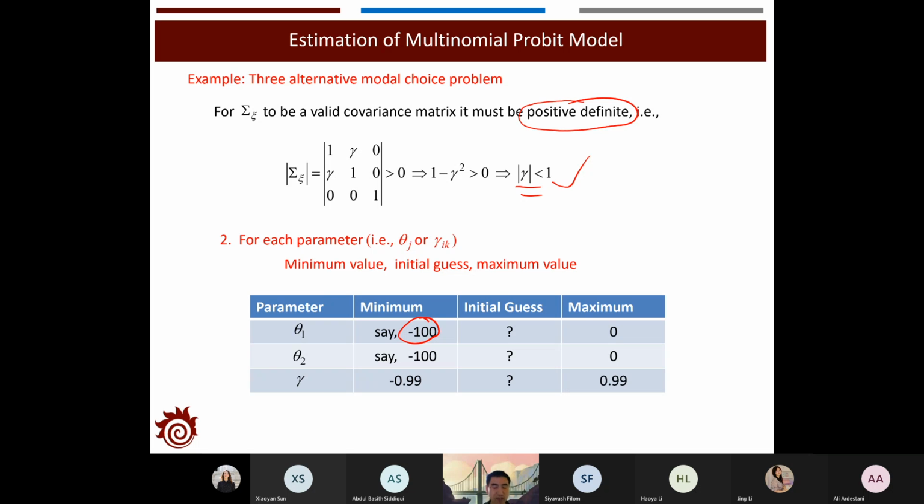But I should tell you that this process is very complicated. The idea is very simple, but regarding the computational cost, it's very computationally intensive, and you need to rely on some computing software or some existing calibration package to conduct the calibration of the multinomial probability model. It's very time consuming.